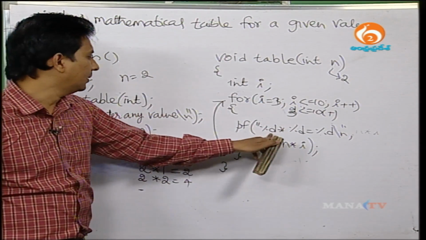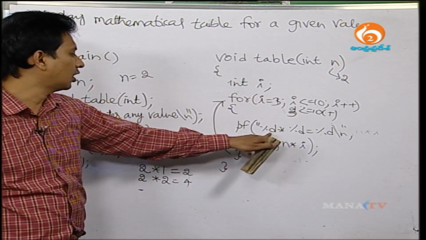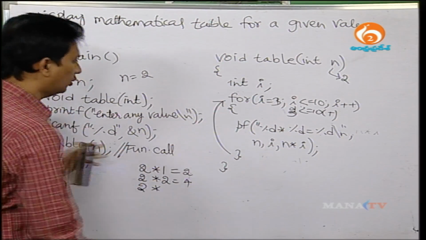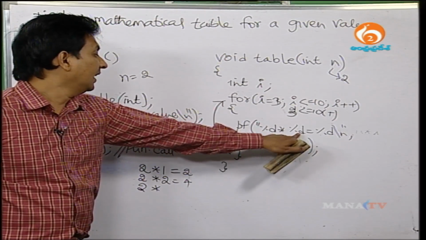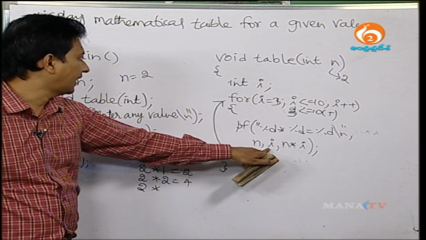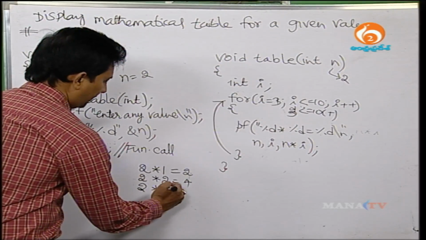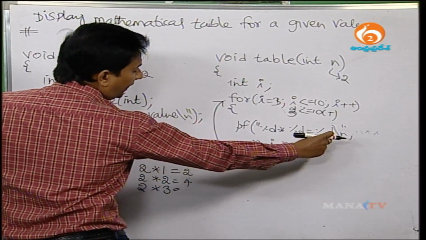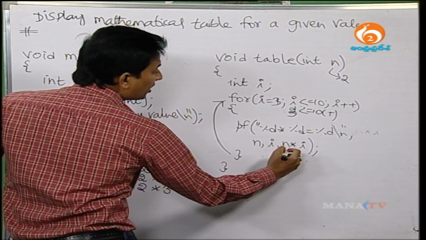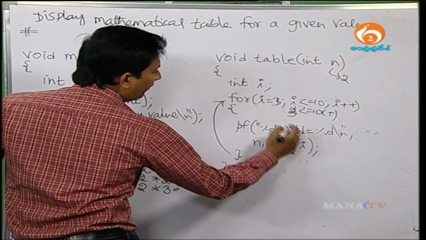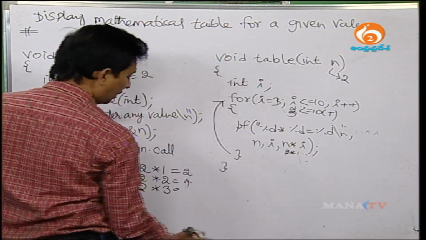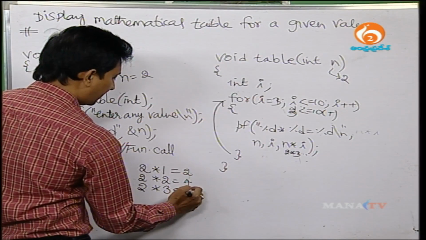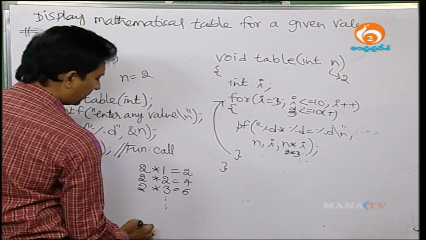Next %d format specifier, the corresponding variable is n, n means 2, into %d, the corresponding variable is I, here 3, equal to %d, the corresponding variables are n star I, that is 2 star I value, where I is from 1 to 10. So right now 3, 2 into 3, that is 6, and so on we will get.